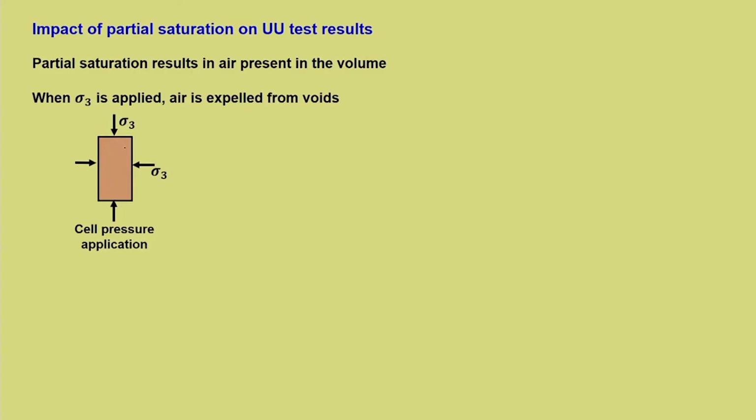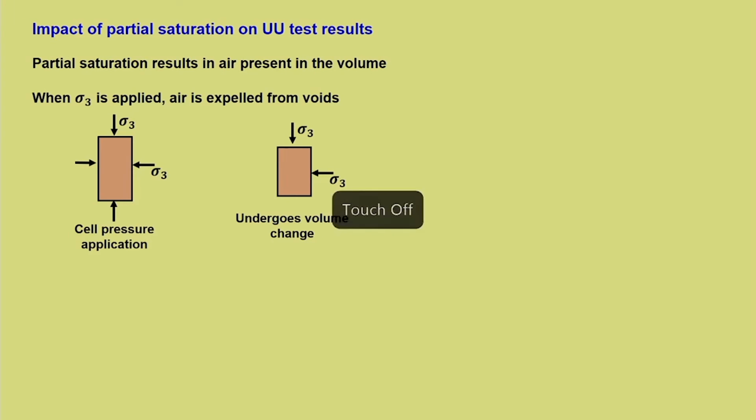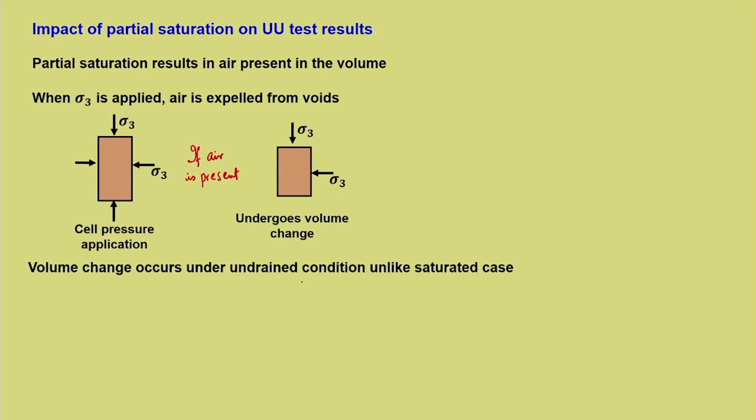So, if this is the cell pressure application, and if air is present, what will happen? There will be volume change. So, there is an unexpected or hidden volume change in an undrained test where we assume that there is no volume change. So, volume change occurs under undrained condition, unlike the saturated case.